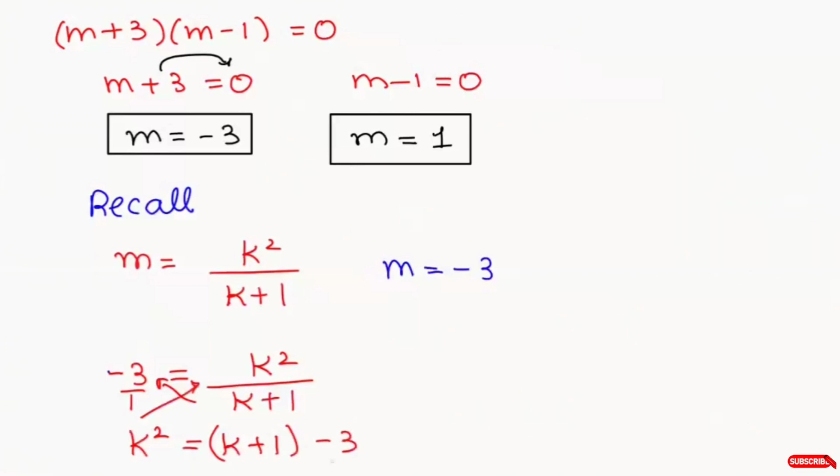I multiply this with the bracket, so I get k square is equal to minus 3k minus 3. Now I am going to take this negative 3k and negative 3 to the left hand side: k square plus 3k plus 3 is equal to 0.